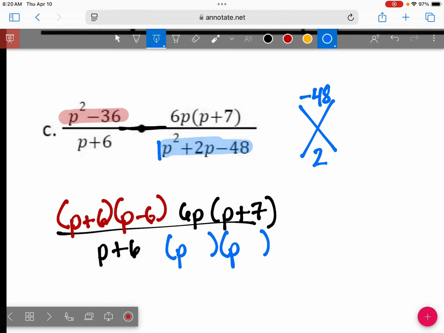Two numbers that multiply to give you negative 48 and add to 2. Let's see your notes real quick. Okay, thank you. Two numbers multiply to be negative 48, add to 2. That's a little tricky.